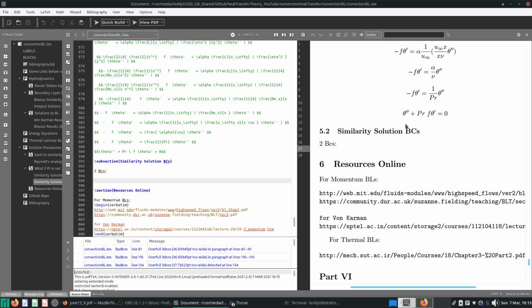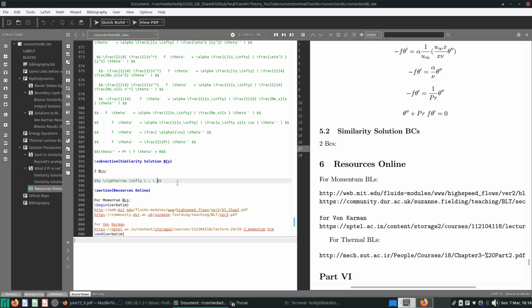So what's the boundary condition when y goes to infinity? T goes to T infinity.